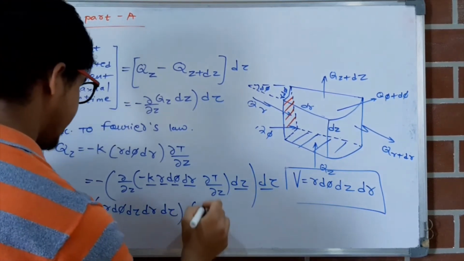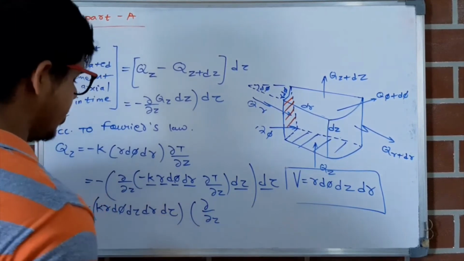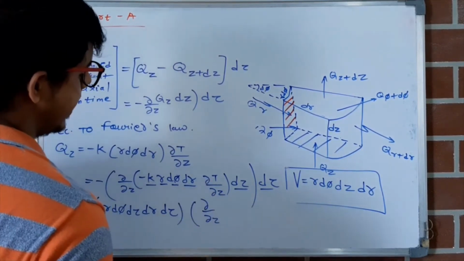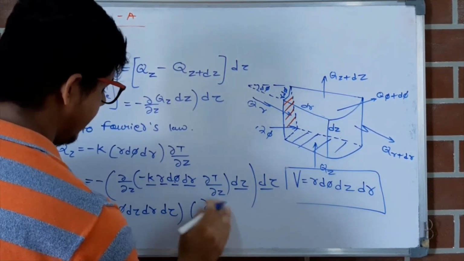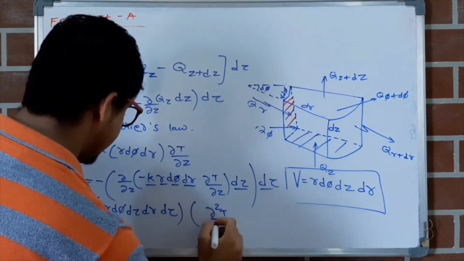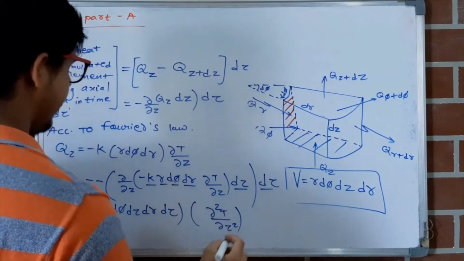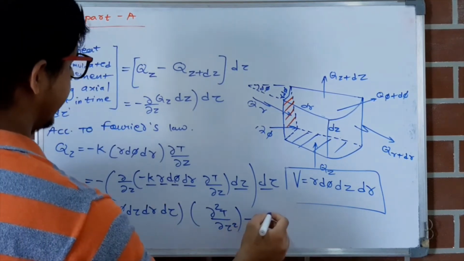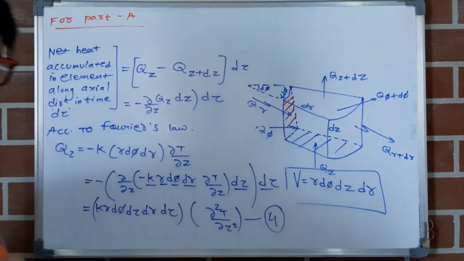Here del by del z into del T by del z remains, so we get del square T by del z square. This is equation number 4 or 5.